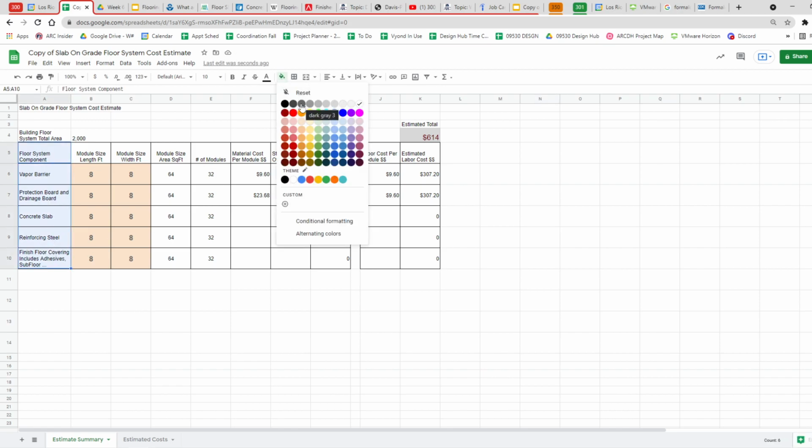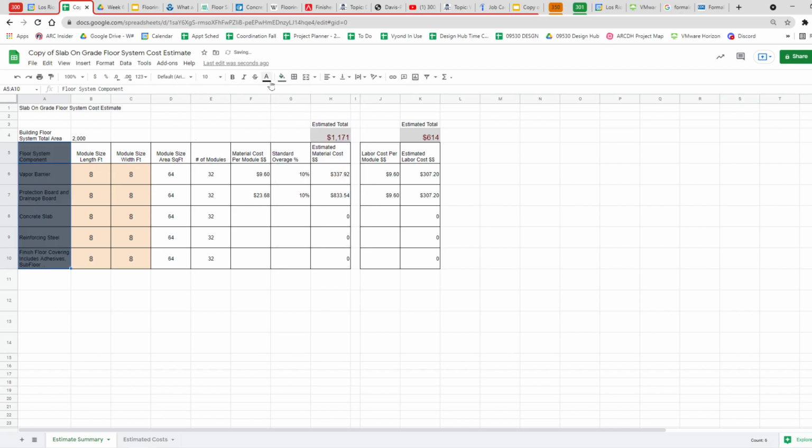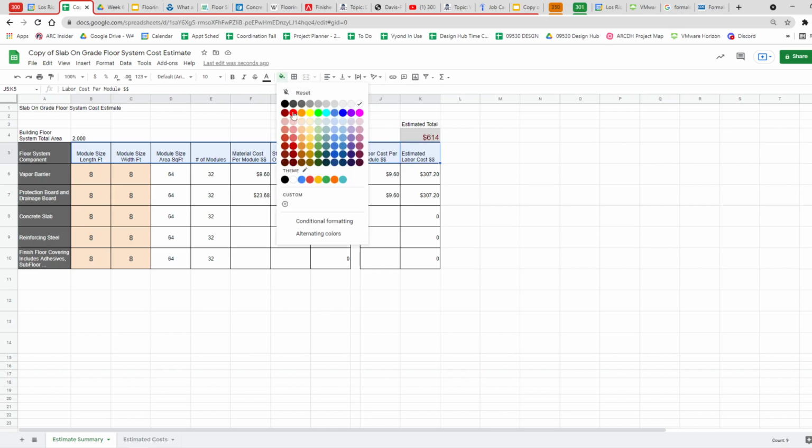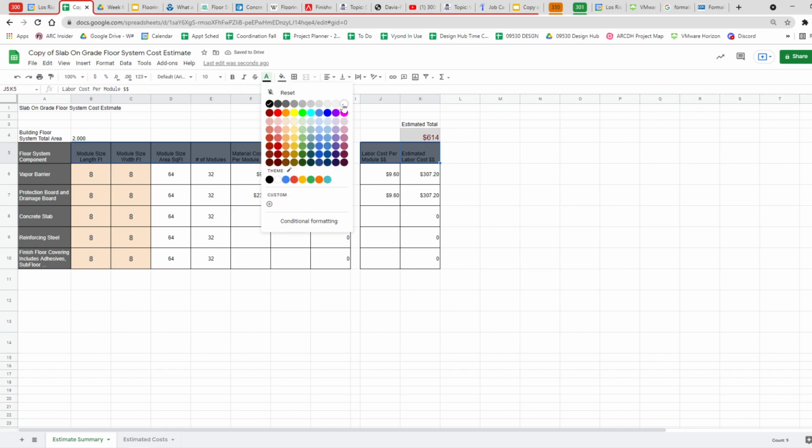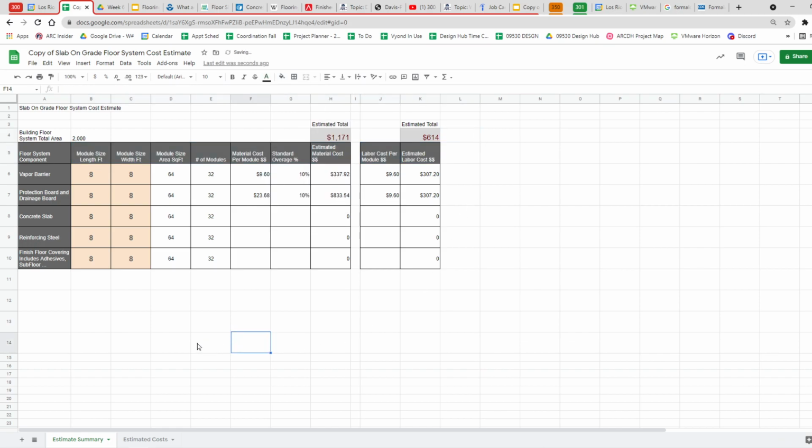Titles and headings are often a dark gray with white. So that often happens. Okay, these are now calculations.